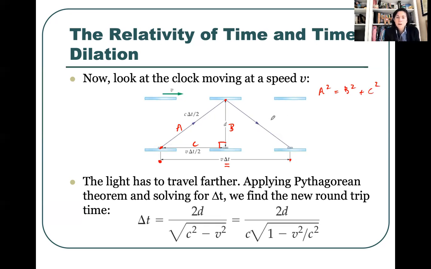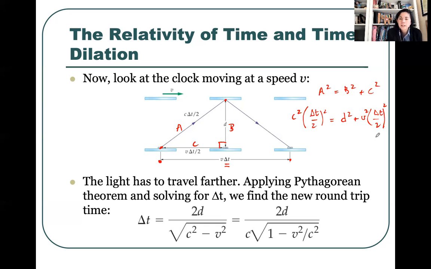If I apply this to this particular example, then I would write that c squared times (delta t over 2) squared is equal to b squared, which is d, so d squared, plus this part, which is half of the whole motion. So again, we're going to have something looking similar, so v squared times (delta t over 2) squared. Now the whole point is to figure out what this delta t is.